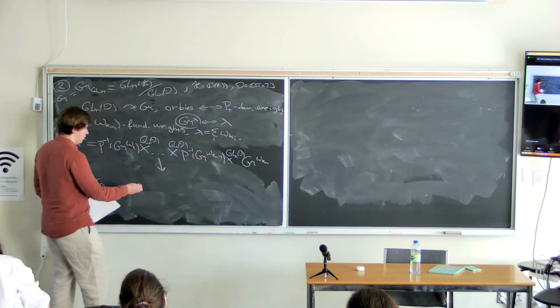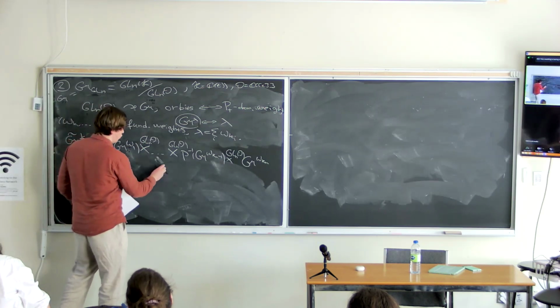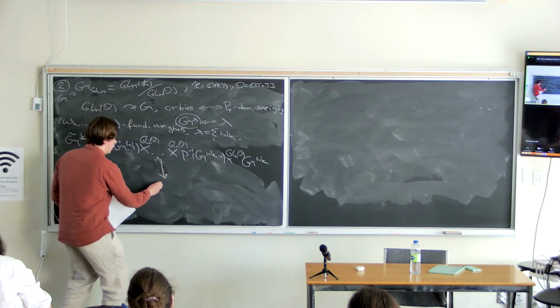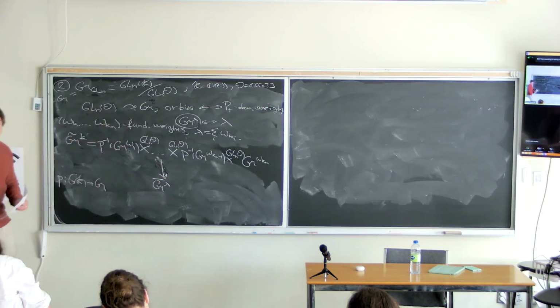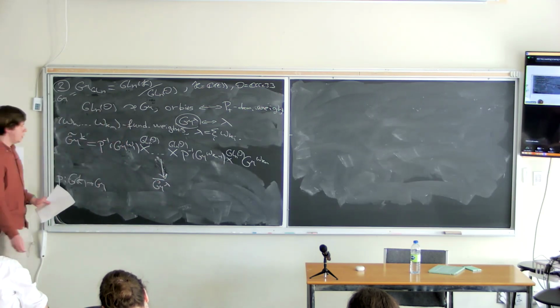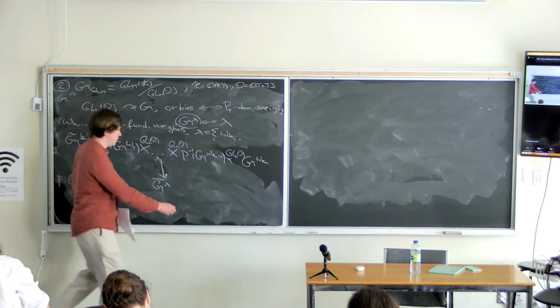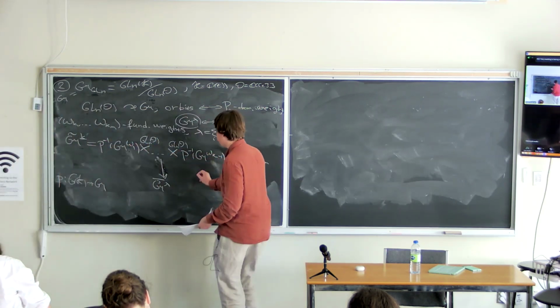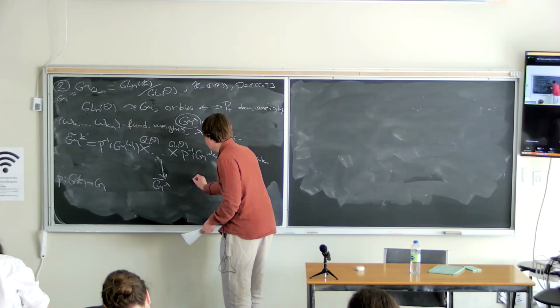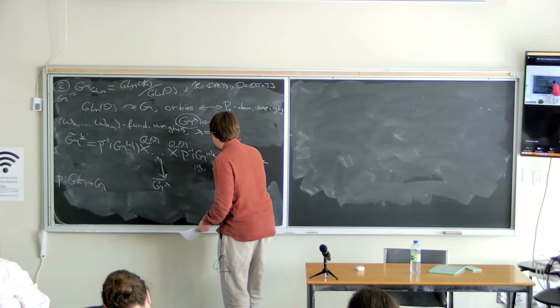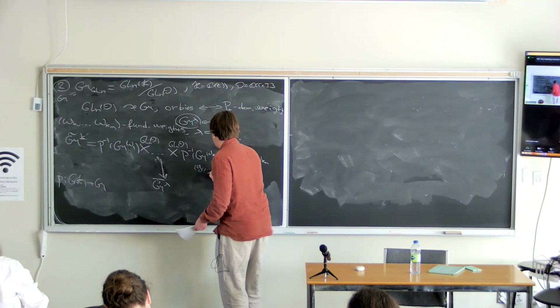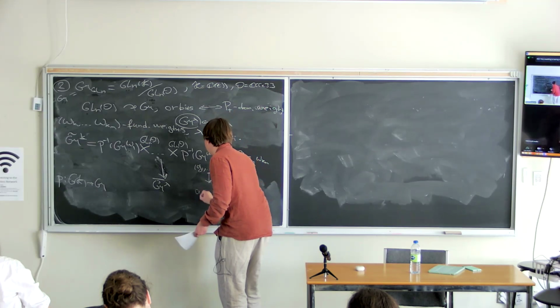And there is a natural morphism from here to the sum of these fundamental co-weights, and this map just maps a point, an element g1 through gm, to their product g1 dot gm.